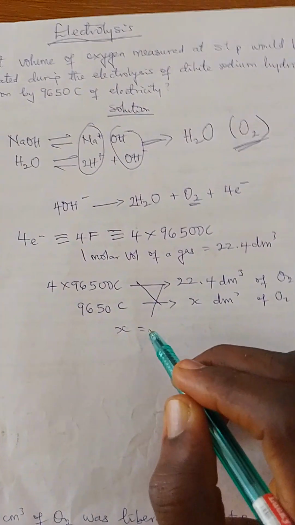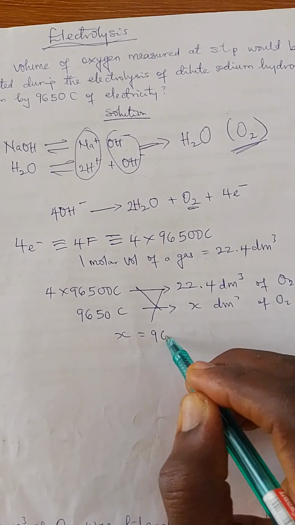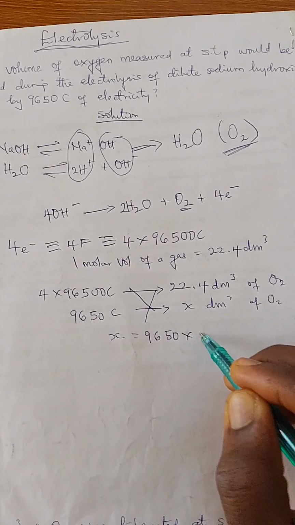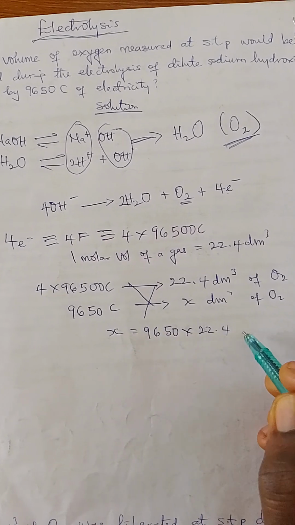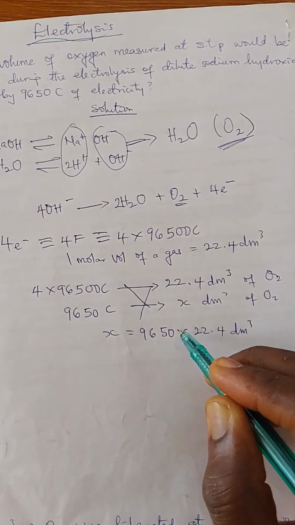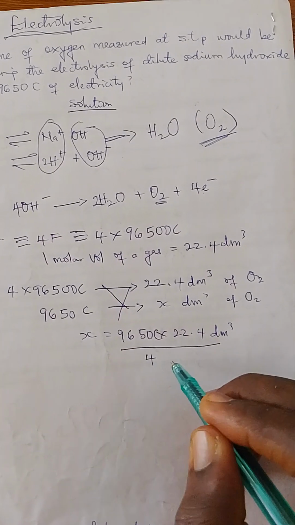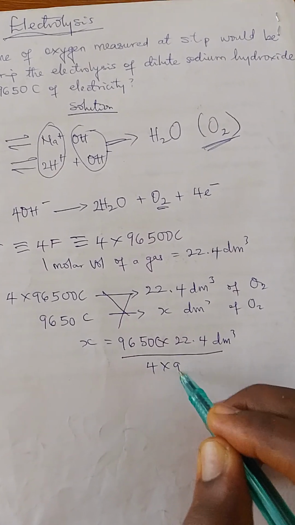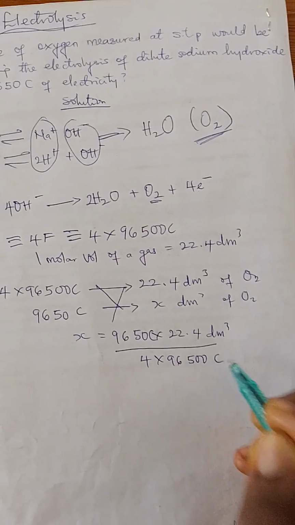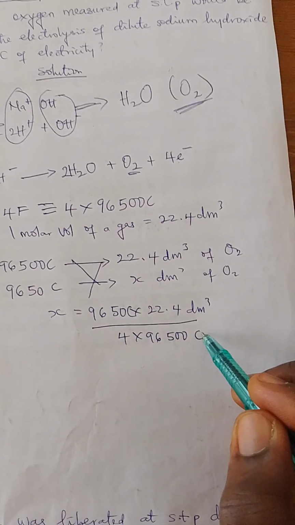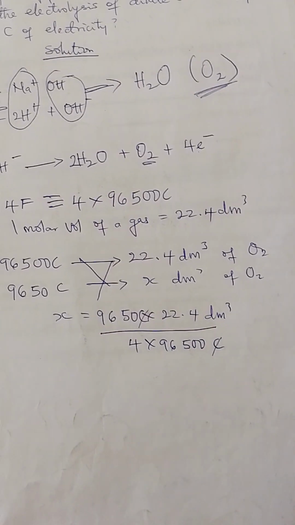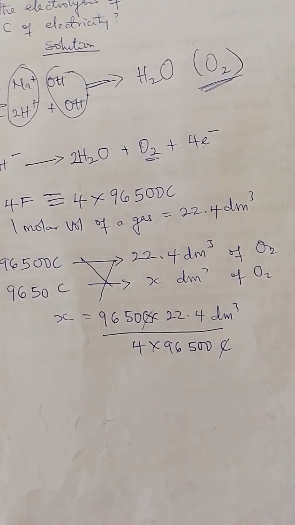X will be equal to 9,650 times 22.4 dm cube of the oxygen, all over 4 times 96,500 coulombs. Mind you, this coulomb will cancel this coulomb. So punch with your calculator.